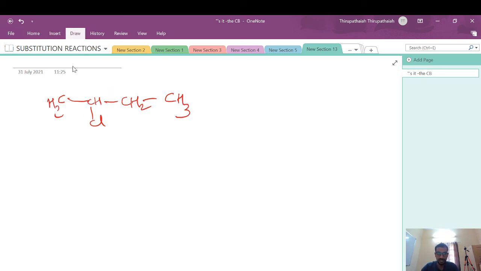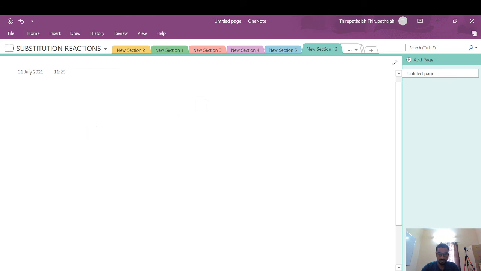Okay, I will take another molecule. Here, this is the skeletal form of a compound.